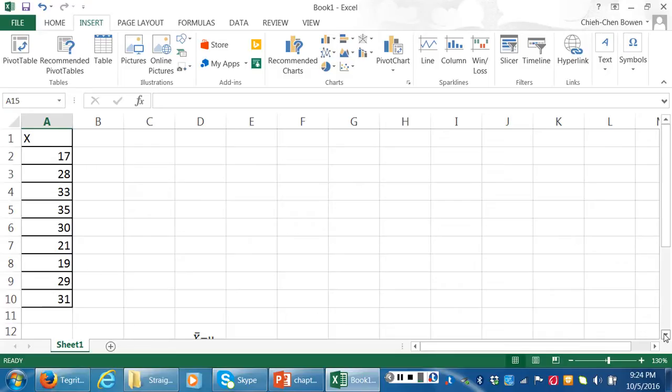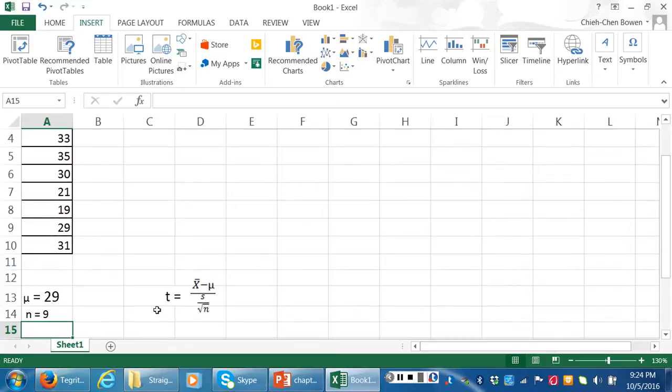Based on the problem statement, mu, the car manufacturer's claimed fuel efficiency, is 29, and the sample size n equals 9, randomly selected for this test.